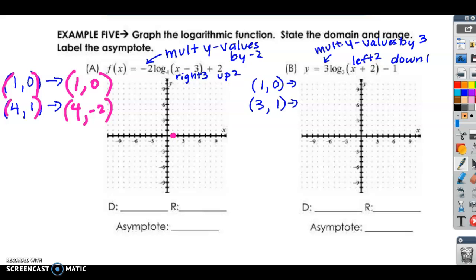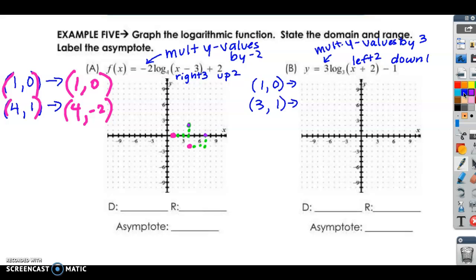Make sure you plot it correctly. 1, 2, 3, 4, -2. Now all I've got to do is shift them in a different color. I will shift them right 3, 1, 2, 3, up 2, 1, 2, and maybe put that in purple. And then this one, I will shift right 1, 2, 3, up 1, 2, and put that in purple.